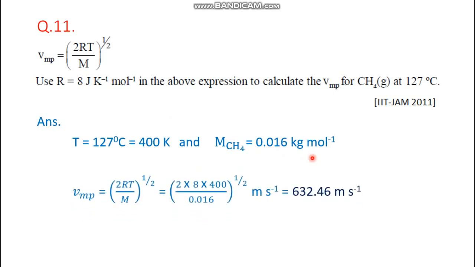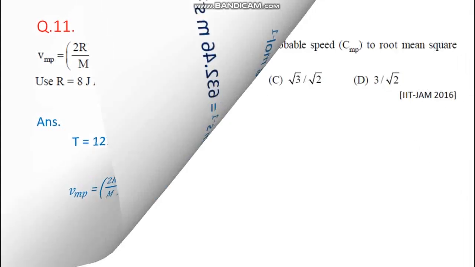Putting 8 in place of R, 400 in place of T, and 0.016 in place of M, we get the answer 632.46 meter per second.